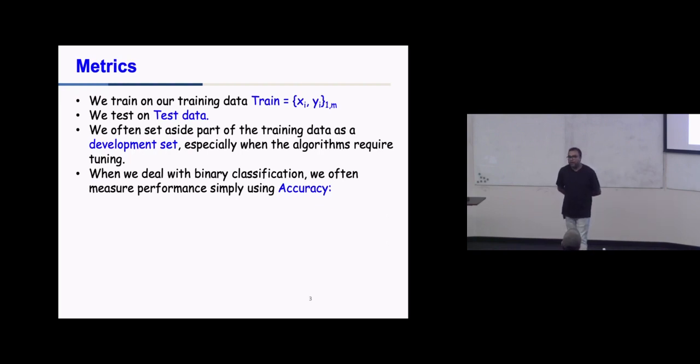So the number of people who have an income above 50K is only 5% or something, 6%. That's an imbalance problem. So if you just predict less than 50K, you will be 94% of the time accurate.